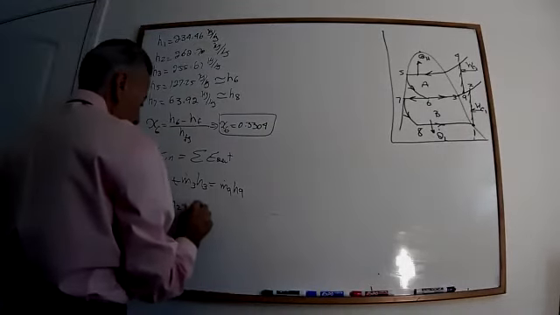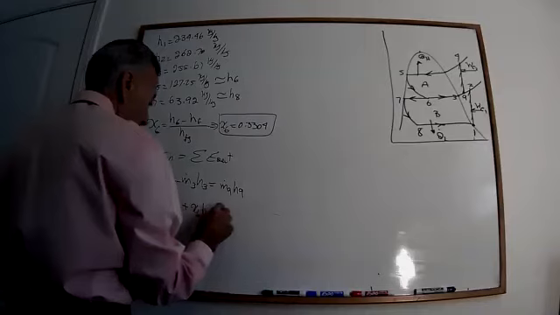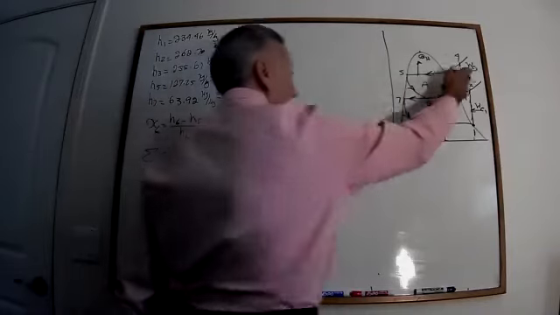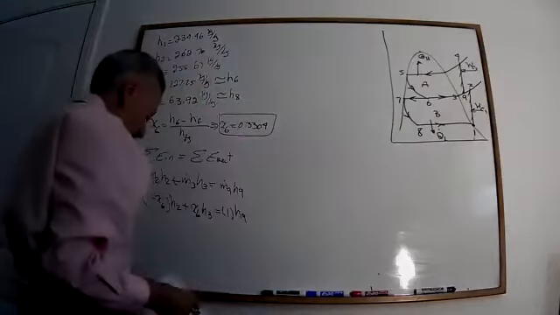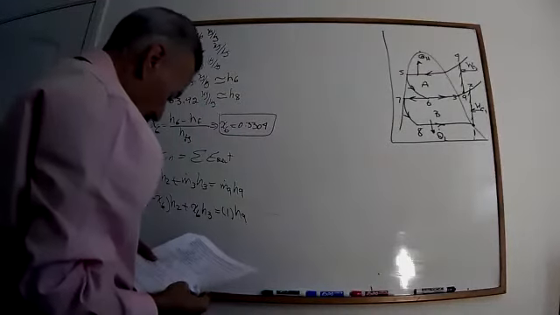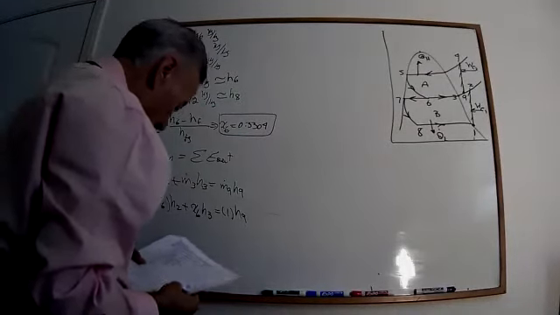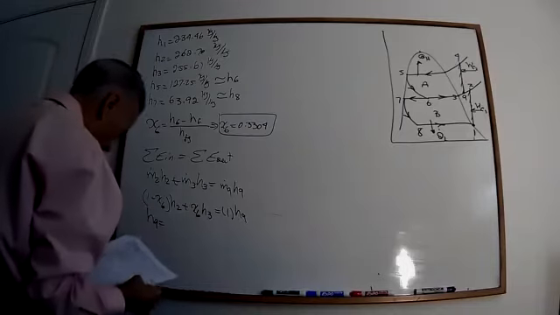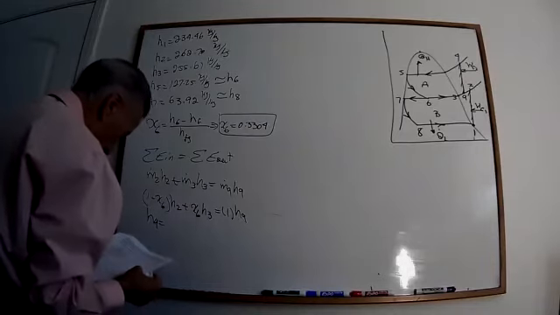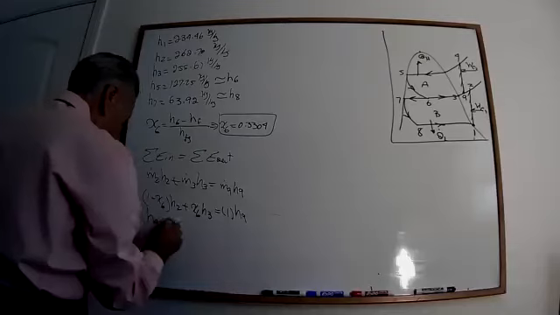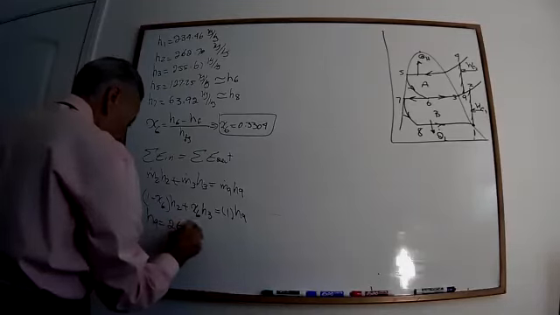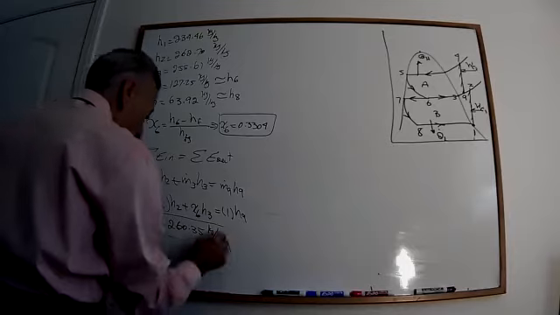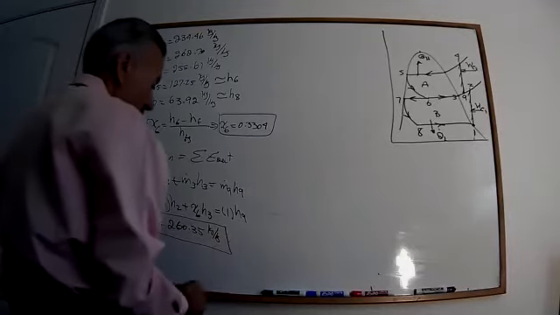So X6 times H3 is equal to 1 unit times H9, because all here is all 1 unit. And if you do that, you will find the value of H9 to be 260.35 kilojoule per kilogram.